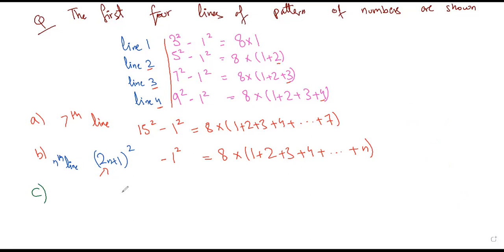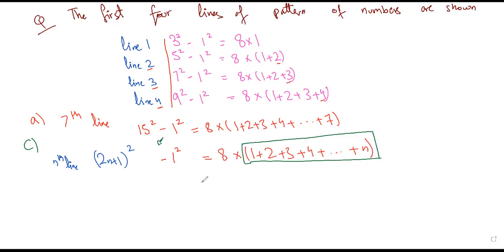And let's just use the nth line pattern. Okay. So this is the nth line pattern. Let's talk about part C from there. Okay. Now we need to show this. We need to show that something over here equals this green part. Since I'm interested in this part only, I would like to separate it.